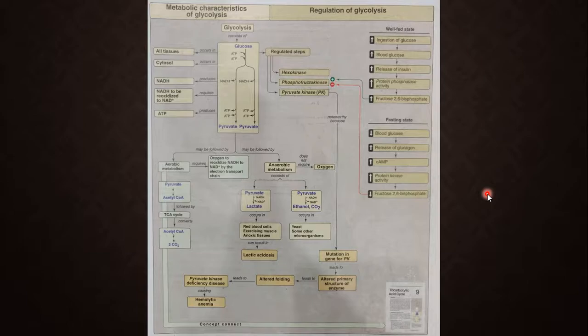In your book, at the end of the chapter, a nicely prescribed summary of the chapter is given, and then there is a chart, a diagrammatic presentation of the whole process of carbohydrate metabolism breakdown and glycolysis.